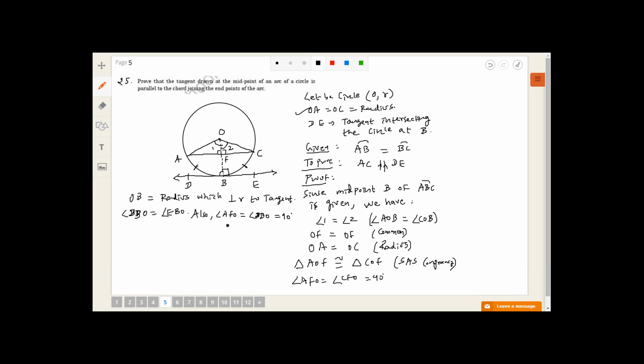That is equal to 90 degrees, which also seems to be the corresponding angles. Hence, we can say AC is parallel to DE.